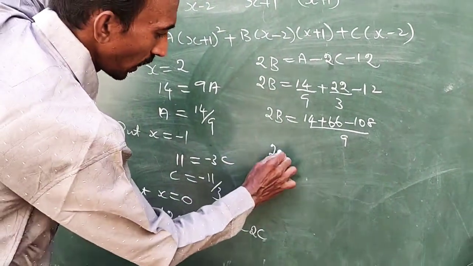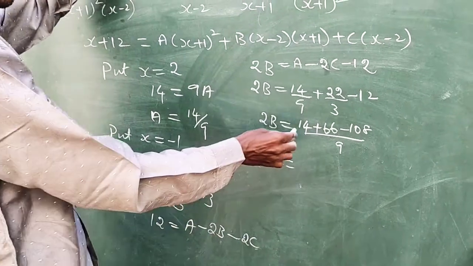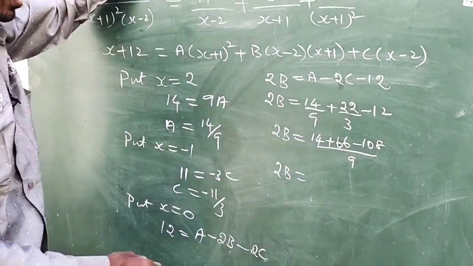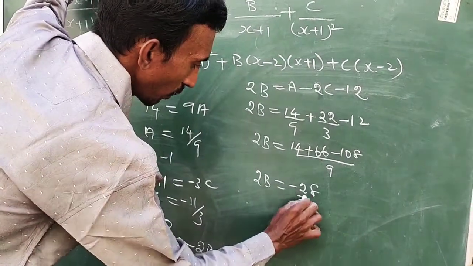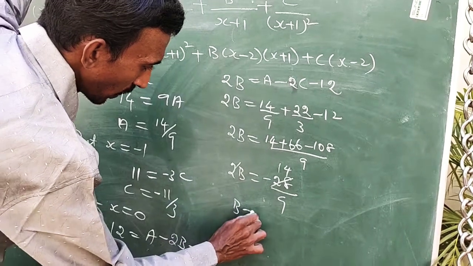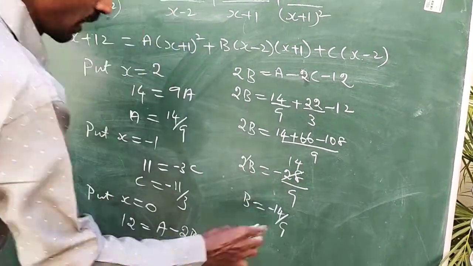So 2b equal to, what is that, so 70 minus 108, so minus 28 by 9, cancel by 2, 14, so b equal to minus 14 by 9.